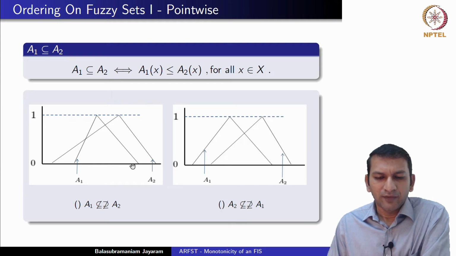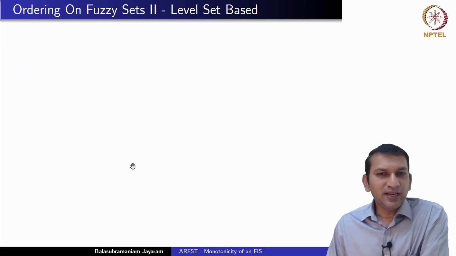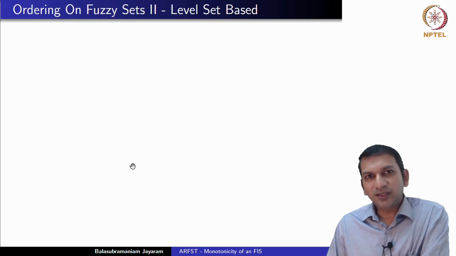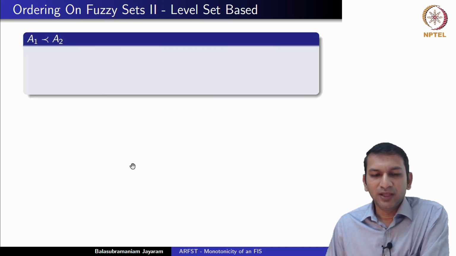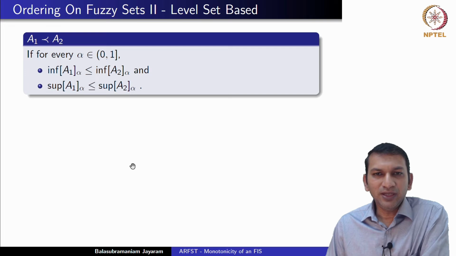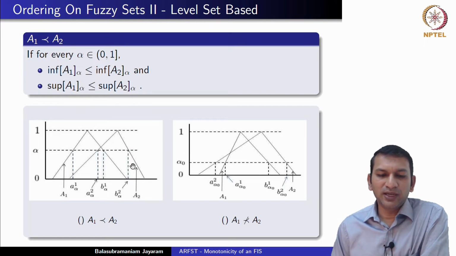If we want to consider such fuzzy sets, this ordering is perhaps not really useful for us. And this led us to introduce another type of ordering based on the alpha cuts, which we call the level set based ordering. Here we say A1 is contained in A2, or smaller than A2, and we use this symbol, if these two inequalities are valid.